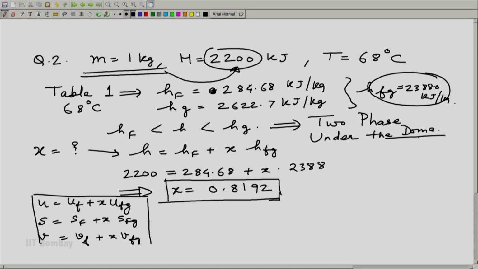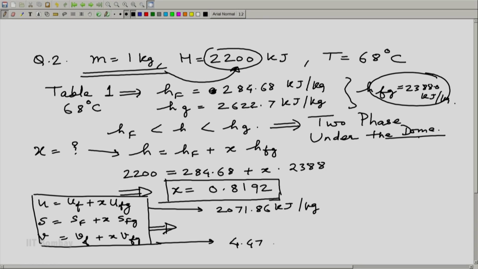I can use this now and get all the calculations done, which I am not going to do all the calculations. Value of u is equal to 2071.86 kilojoule per kg. Value of v is 4.4797 meter cube per kg, and value of s is 6.5448 kilojoule per kg Kelvin.